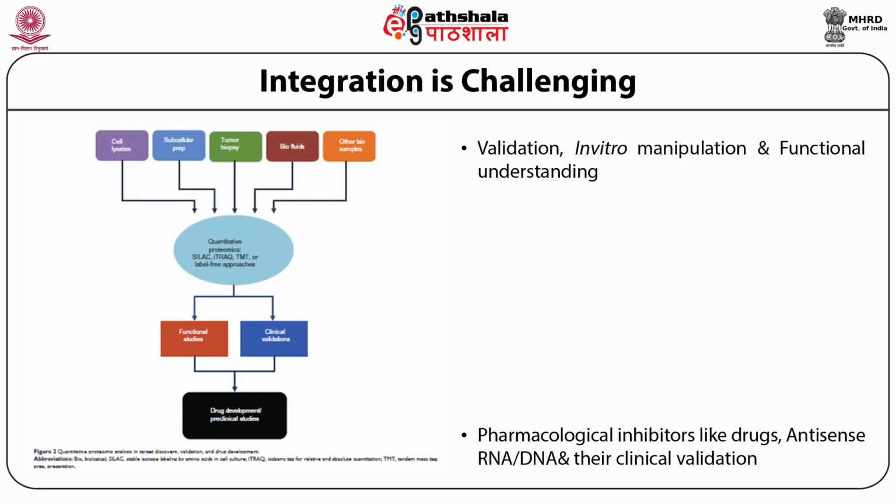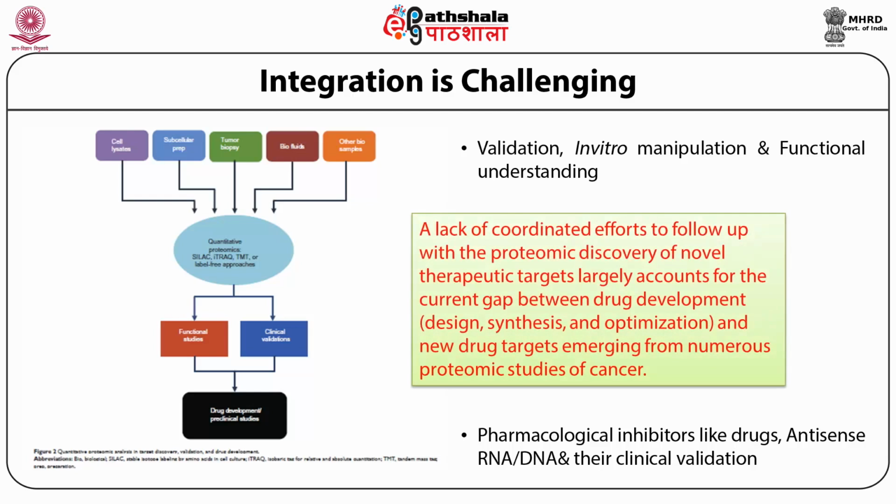However, the most difficult part is the lack of coordinated effort on this proteome discovery. Any drug development would require information connectivity amongst all of them, and that is where the challenge for the bioinformatician comes into the picture.